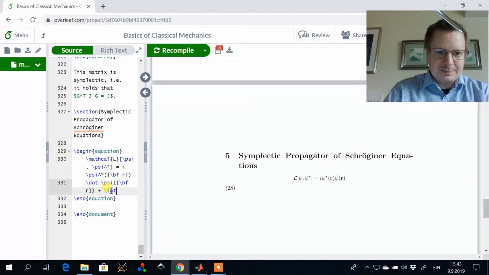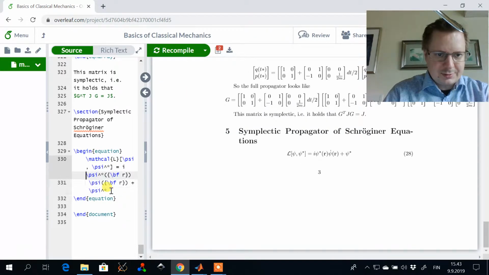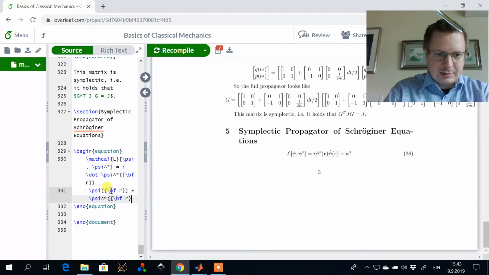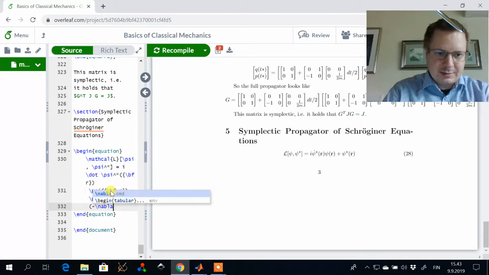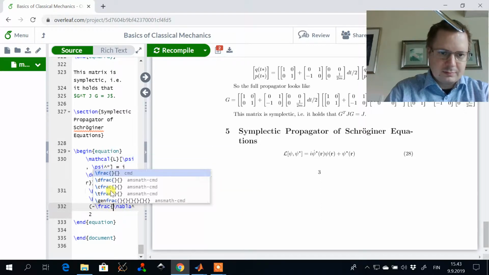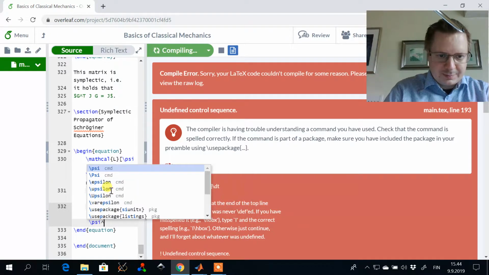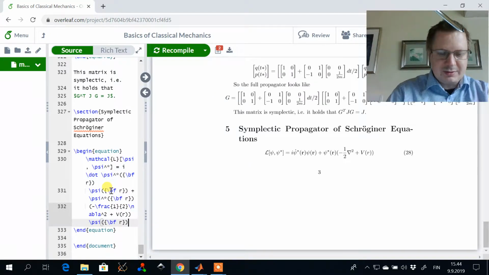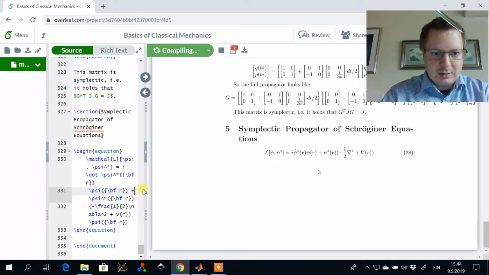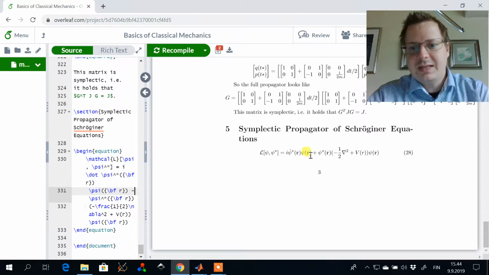Then you have, and I think we need to, let's take the dot to here, and then we have the kinetic energy, and then we have the potential energy, the potential operator, and both of these will be treated as a potential, and the kinetic term of the field will be given by this one.